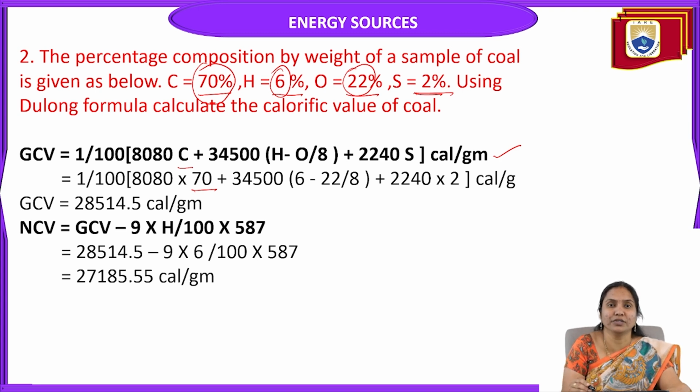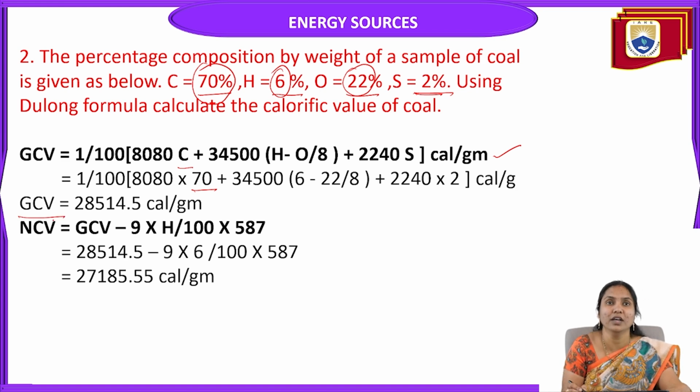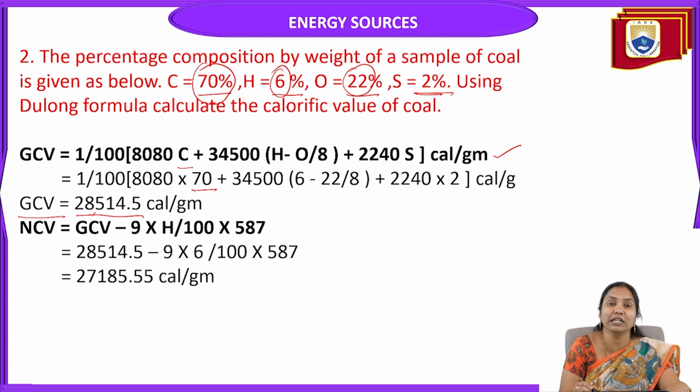After substitution and calculation, we get the final value of the gross calorific value of the given fuel as 28,514.5 calories per gram.